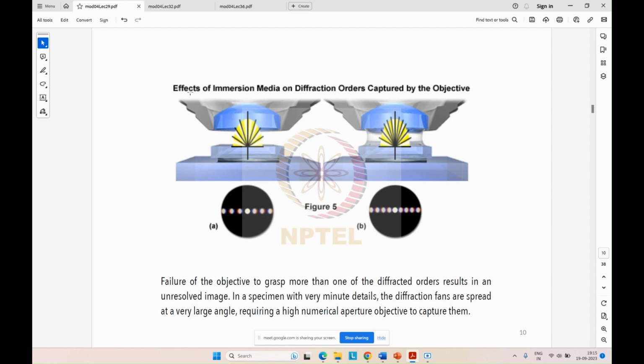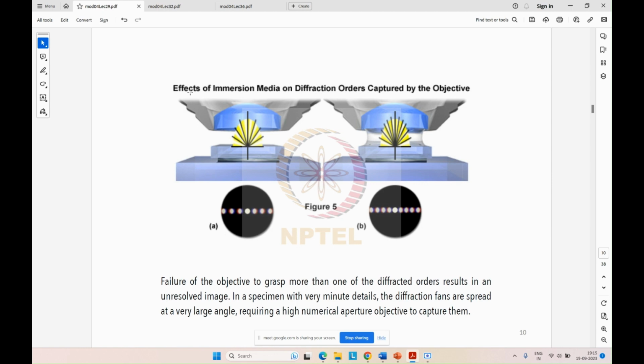So as a correction for that, microscope builders have modified the objective lens such that you can place a thin layer of a liquid, which usually has a higher refractive index than air, and you would get a better focus using that liquid.